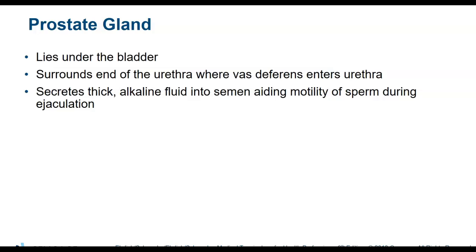The prostate gland secretes a thick alkaline fluid into the semen, which helps aid motility during ejaculation. So again, one more piece of the ejaculate that's needed in order for the sperm to get to the egg to fertilize it.